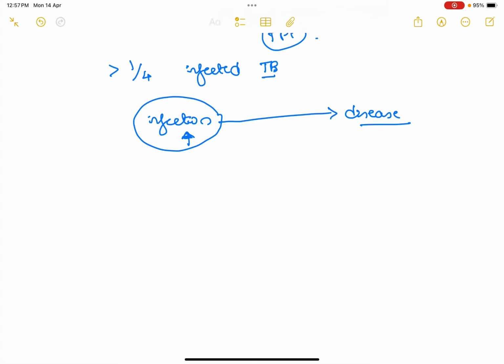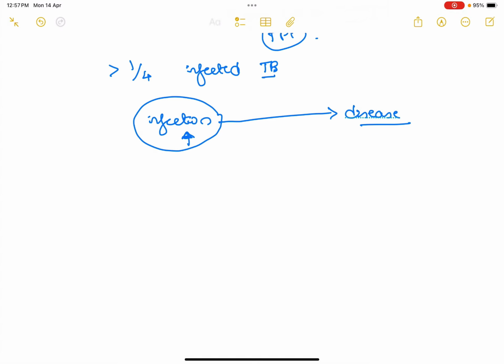As of now, there is no gold standard test for the detection of true infection. Your tuberculin sensitivity test and IGRA test only tell about the immune reaction to TB, which may be because of previous exposure, so they will not tell about true infection.